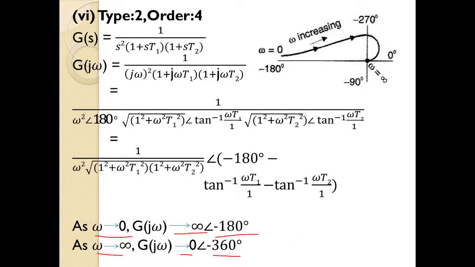So the plot will start from minus 180 and end at minus 360. Minus 360 means the reference axis. The magnitude is infinity, so the polar plot will start from infinity and end at the origin on the reference axis. This is it.